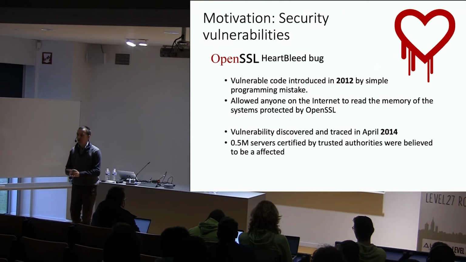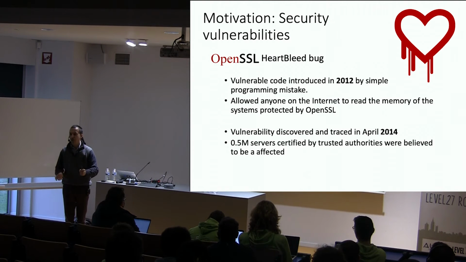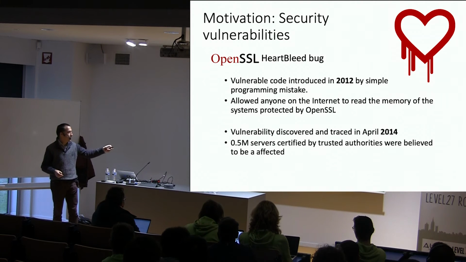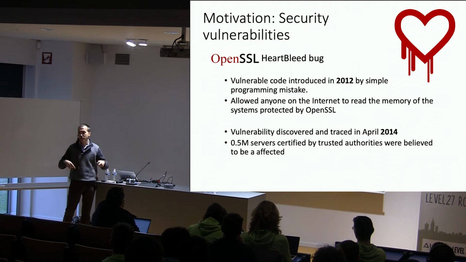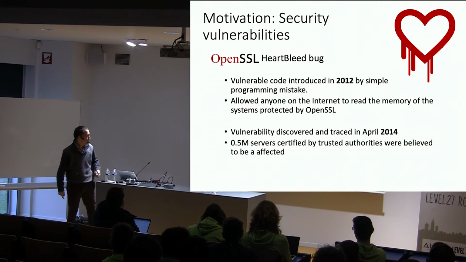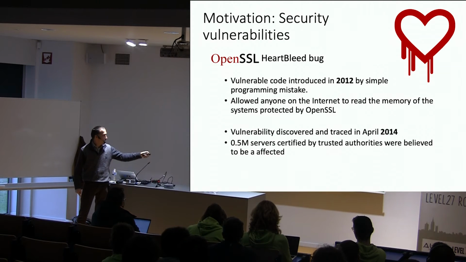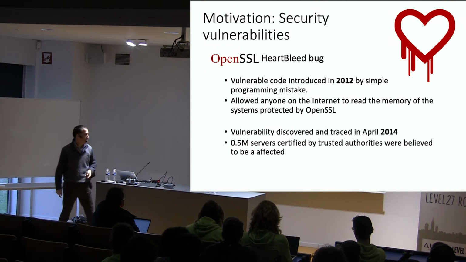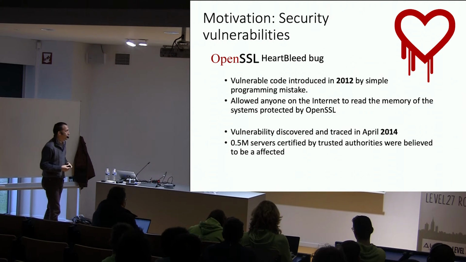So this shows that sometimes vulnerabilities will linger for a very long time, in this case 2 years, before they are actually discovered. This means that if some attacker had known about the vulnerability, he could have exploited it during those 2 years. Even after its discovery, there are still lots of websites that for a couple more months or even years continued to depend on the vulnerable version of this package.